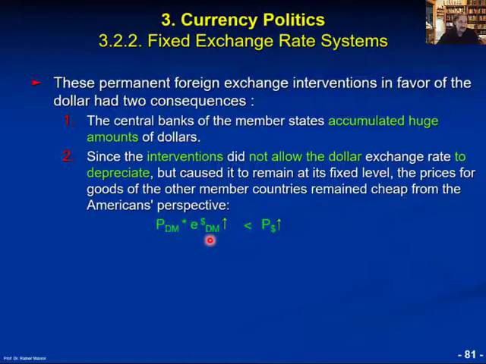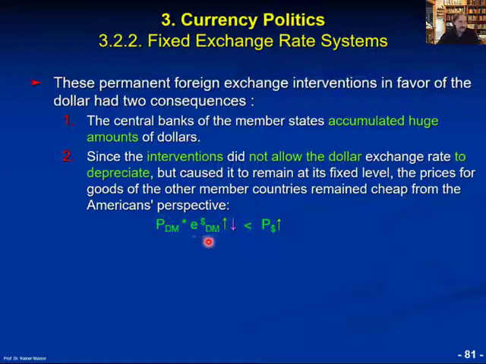However, then the central bank intervention of the Deutsche Bundesbank caused again the exchange rate to depreciate back to its fixed level.